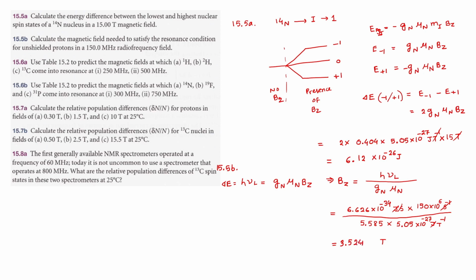This is the answer. I hope you are getting the point. These are fairly easy problems. Here we are trying to just use the formula and see what kind of problems may come.